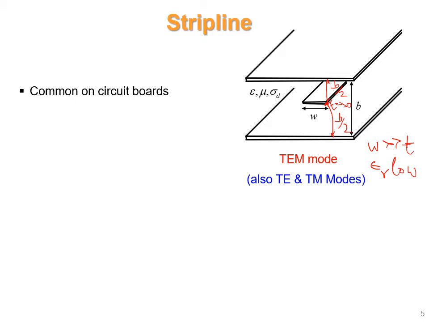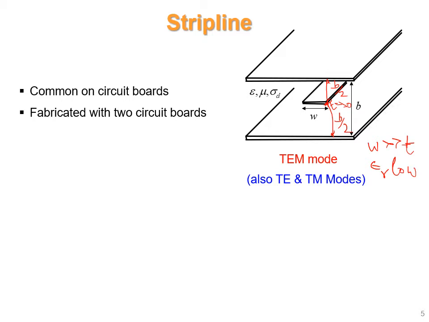It can be constructed on a common circuit board. Similarly, it can be fabricated with the help of two circuit boards. If you have two circuit boards, one on the top and another on the bottom, then in between the two circuit boards we can deposit or design this strip line.